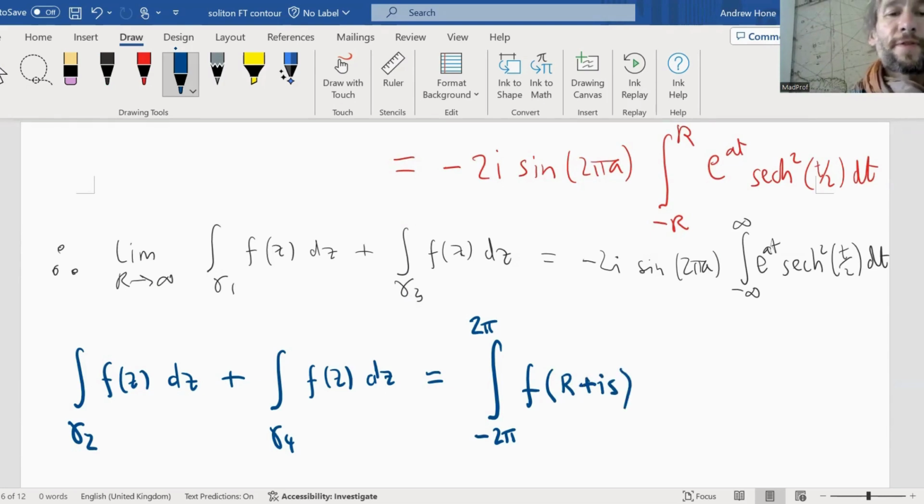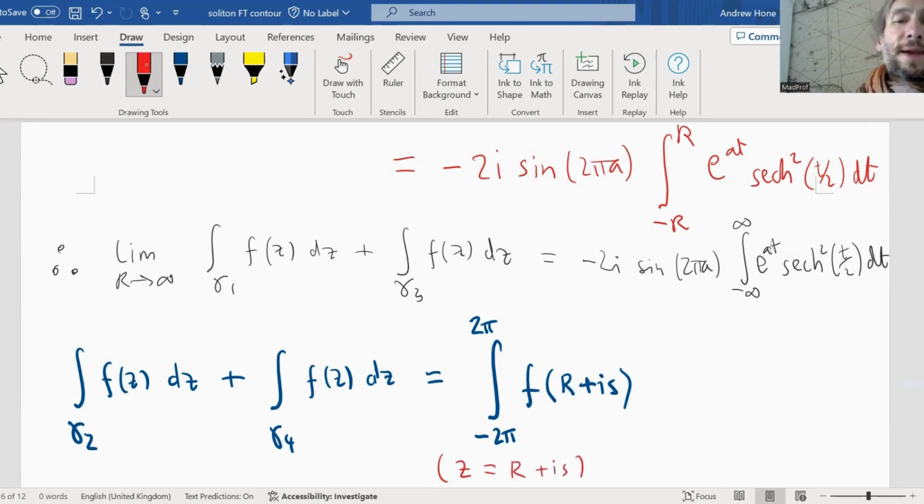What I've done here is I've taken z to be r plus is. So then, just to be clear, that gives me dz is i ds. Okay, so then I can just add that.